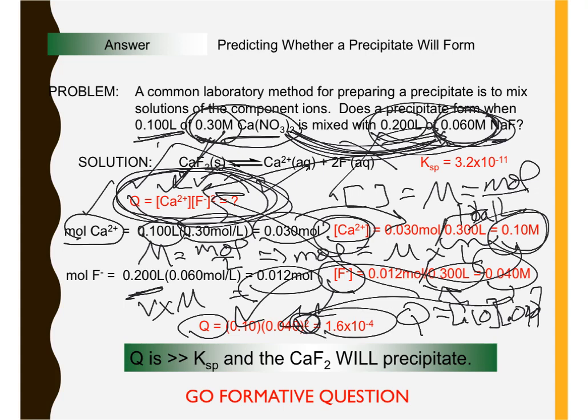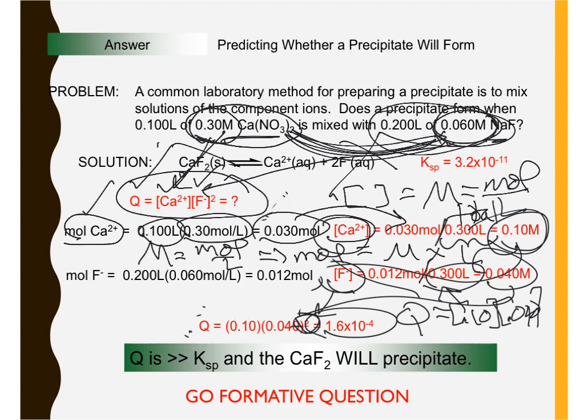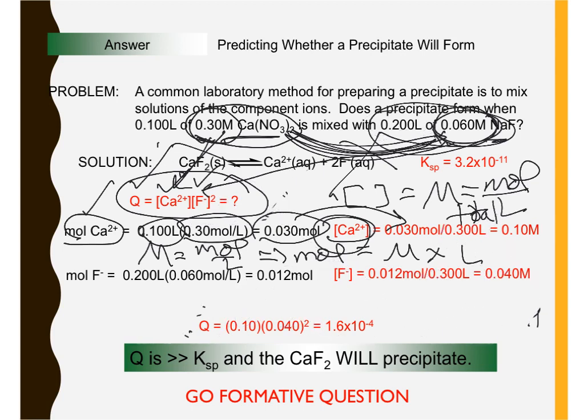And the Q value we get is 1.6 times 10 to the minus 4. What was the actual K value? And I really make a huge mess when I write. Okay, now you can see the original K value, and we're going to compare Q to K. All right, so Q is a lot larger than K. Okay, it's only the minus 4, K is the minus 11.